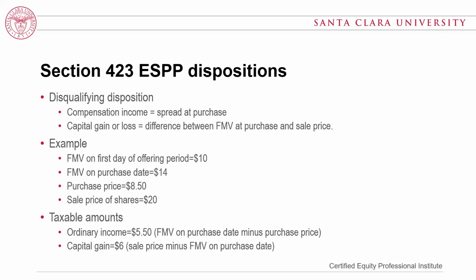So the discount at purchase. So where there was $1.50 in ordinary income on the previous slide in the qualifying disposition, the disqualifying disposition has a much higher ordinary income amount, and the capital gain is smaller. So the income for a disqualifying disposition has been reallocated between ordinary income, there's more ordinary income, and less capital gain.